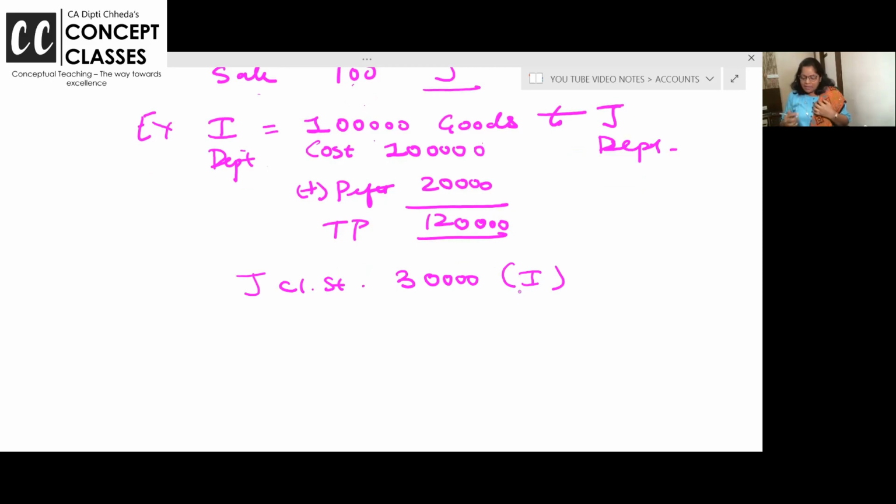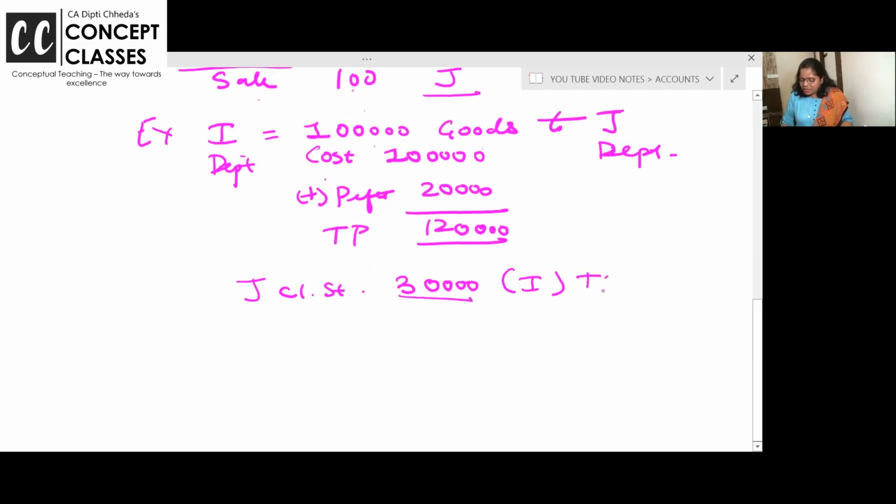I is saying my stock is lying with me at the end of the year, cost or NRV, whichever is lower, you all have studied AS 2, right? Now, if my stock is lying with J at profit at 30,000 transfer price, I need to remove the loading, the profit. See, my stock is lying with me or my department, students, you all. This is our company stock.